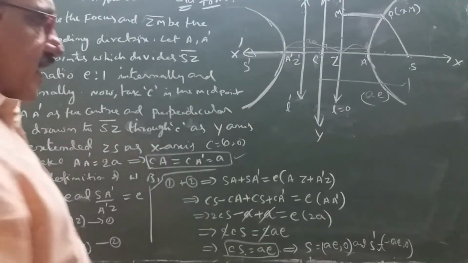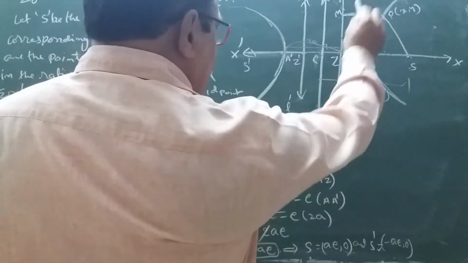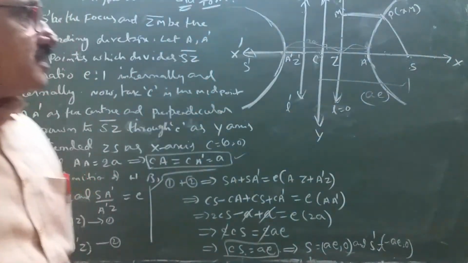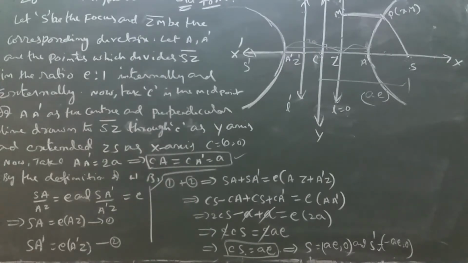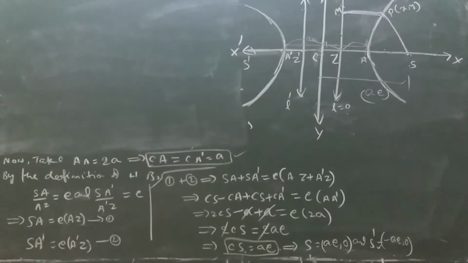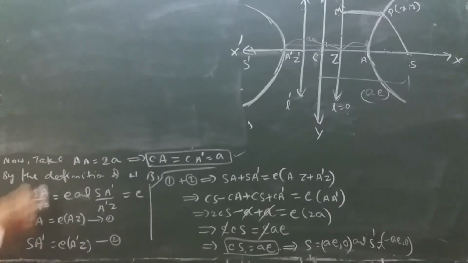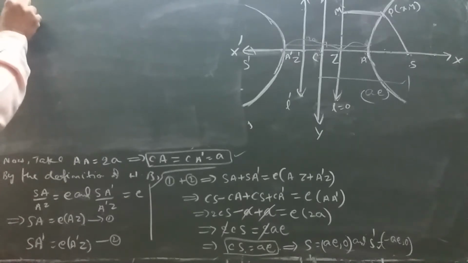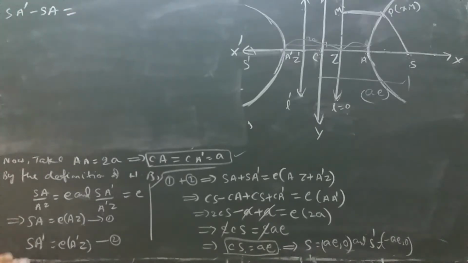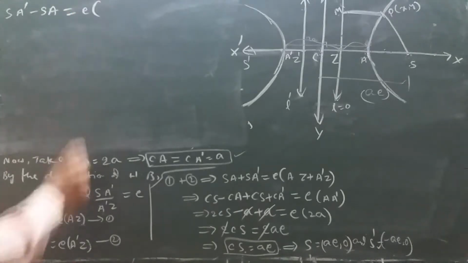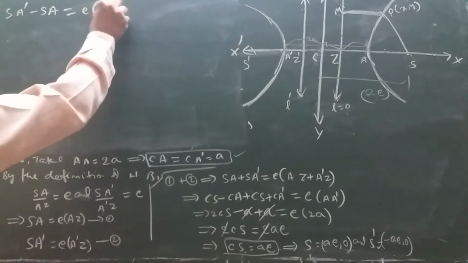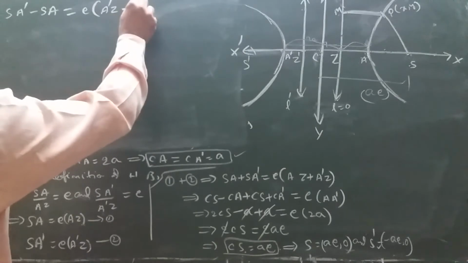Now we will find the equation of the directrix, that is ZM. For the remaining proof, we take equation 2 minus equation 1. That implies SA dash minus SA on the left side is equal to E into (A dash Z minus AZ).